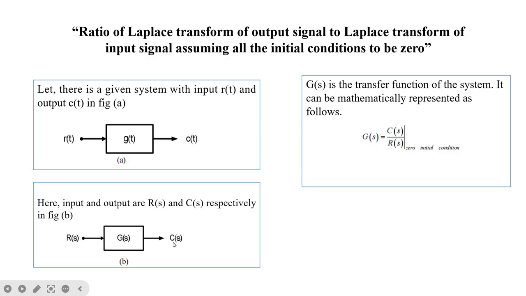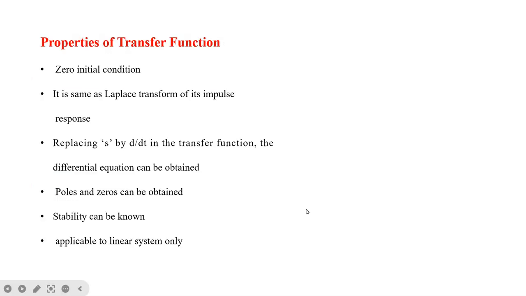So G(s) is equal to C(s) divided by R(s) when 0 initial conditions are assumed. So this is the definition of the transfer function.